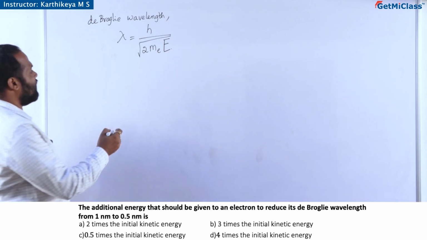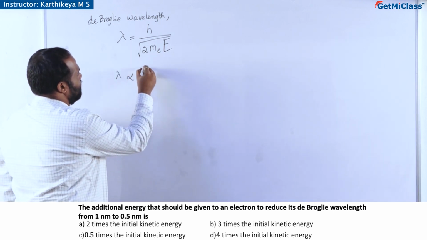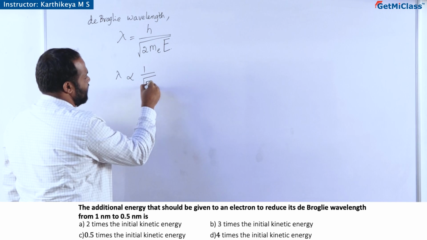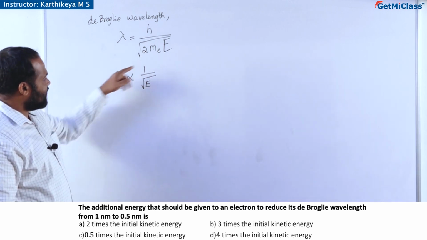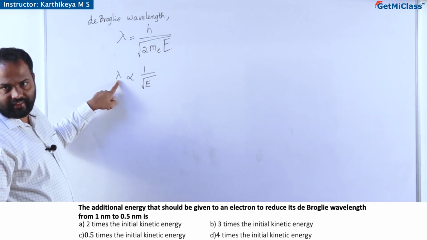So, lambda is inversely proportional to the root of the energy. More the energy, lesser is the value of the wavelength.